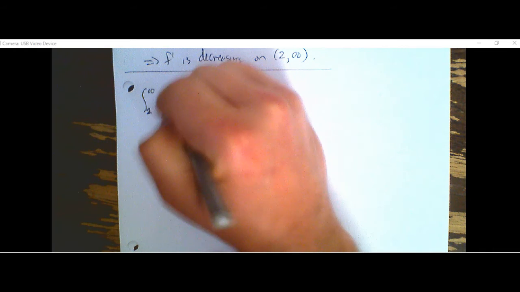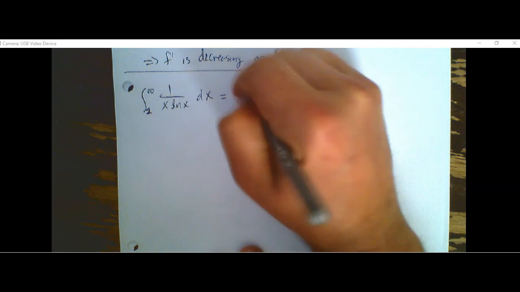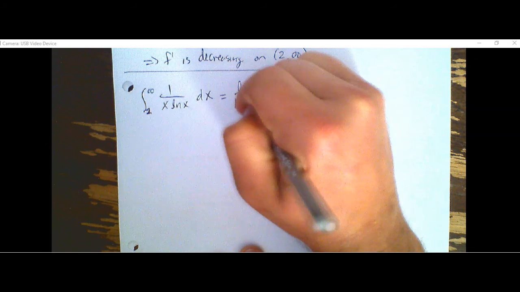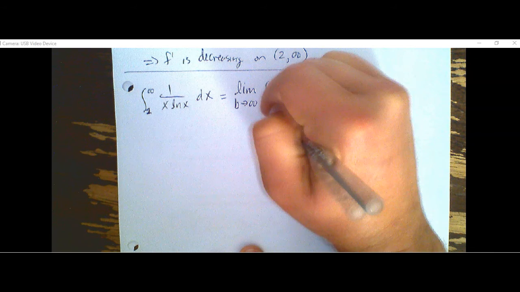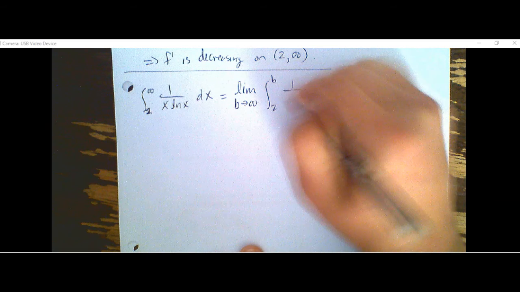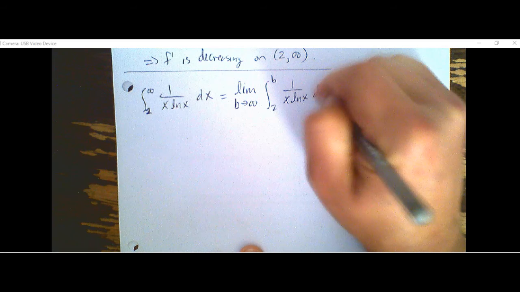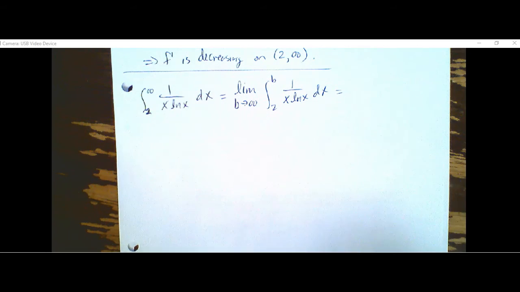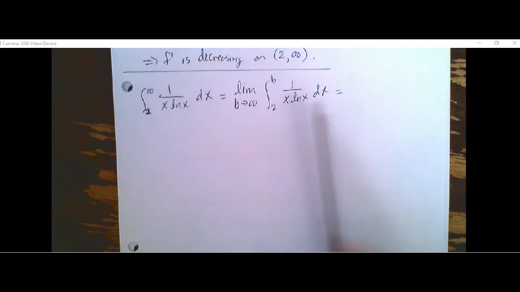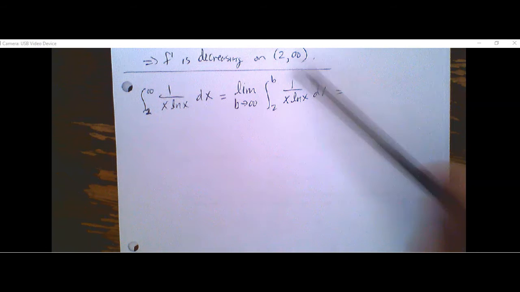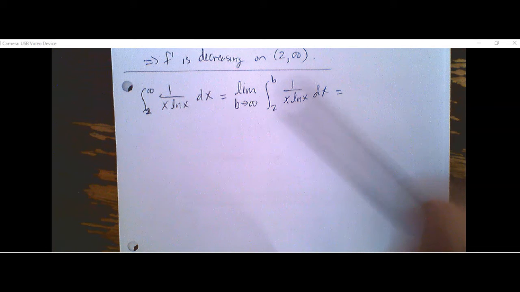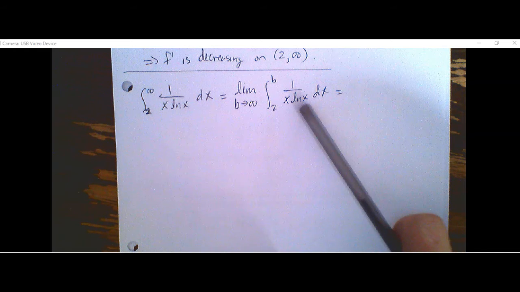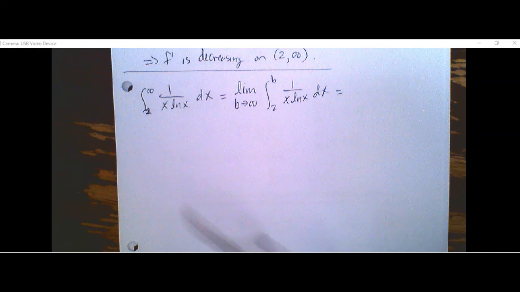Integral from 2 to infinity of 1 over x natural log of x dx. Rewrite in our limit form. All right, we've tackled this integral several times before. Our best method to use to integrate this is u substitution, right? If we make u equal to the natural log of x, we have our 1 over x as our derivative there.